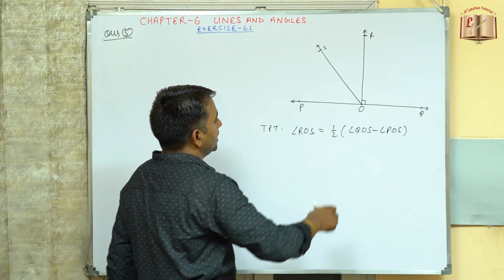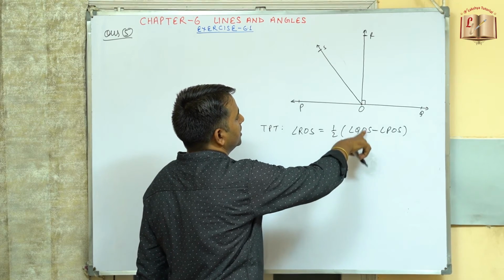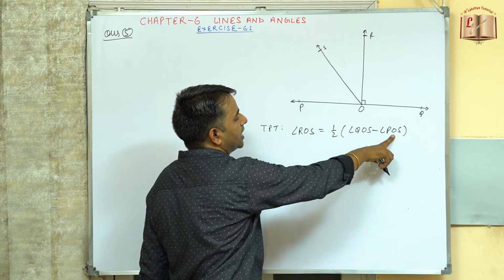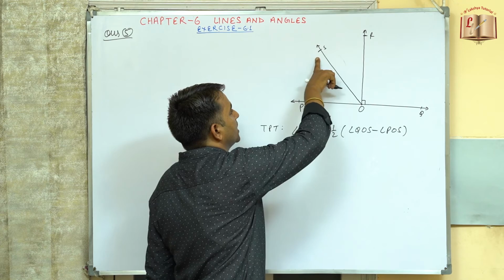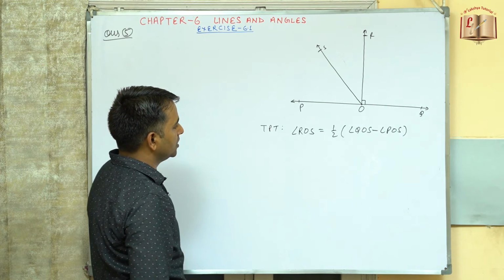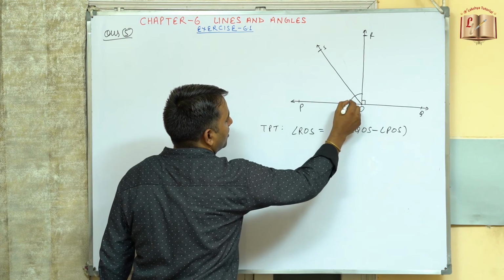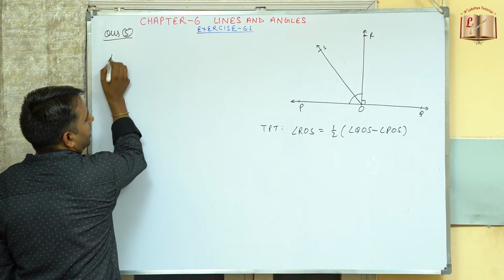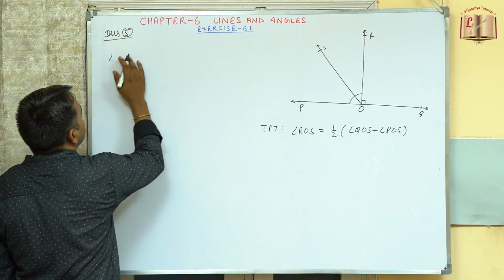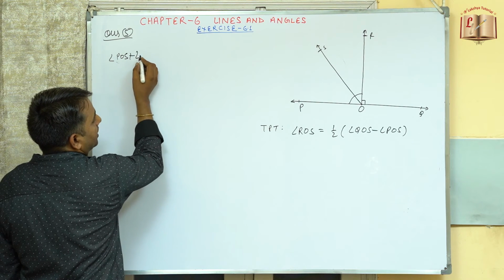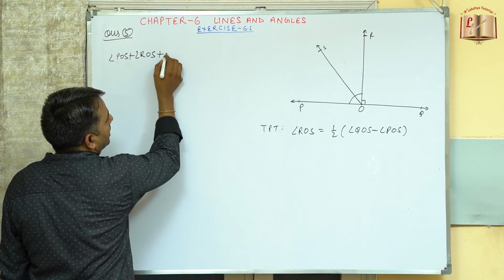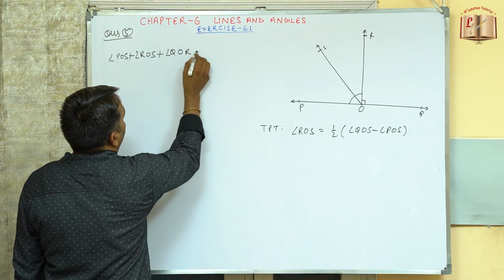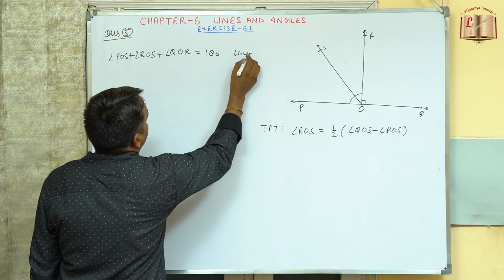Now see that here angle QOS is given, and second one is angle POS, and angle ROS. Now see that the sum of these two angles will be 90 degrees. So I can write angle POS plus angle ROS plus angle QOR will be equal to 180 degrees, linear pair.